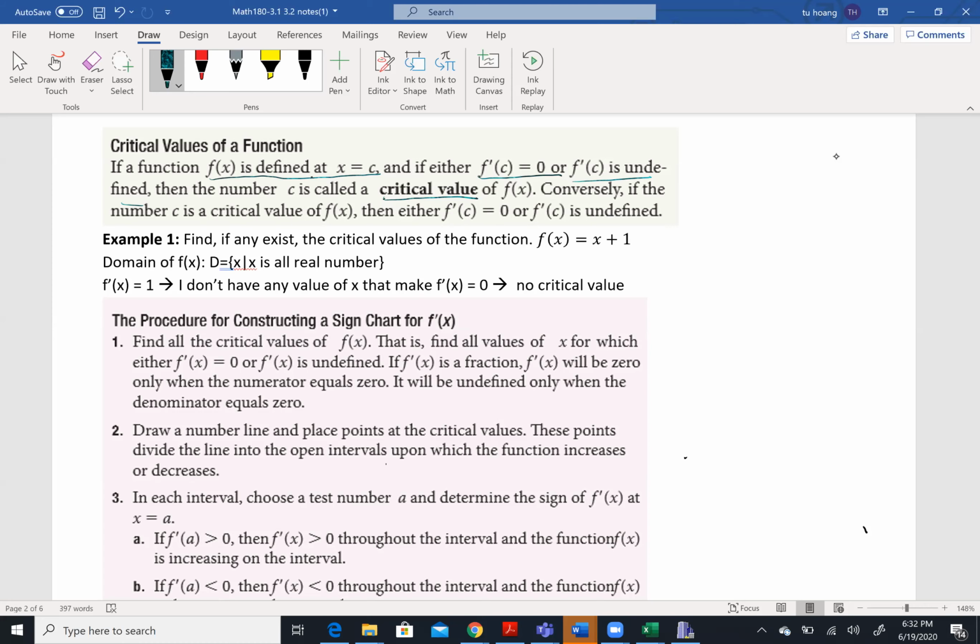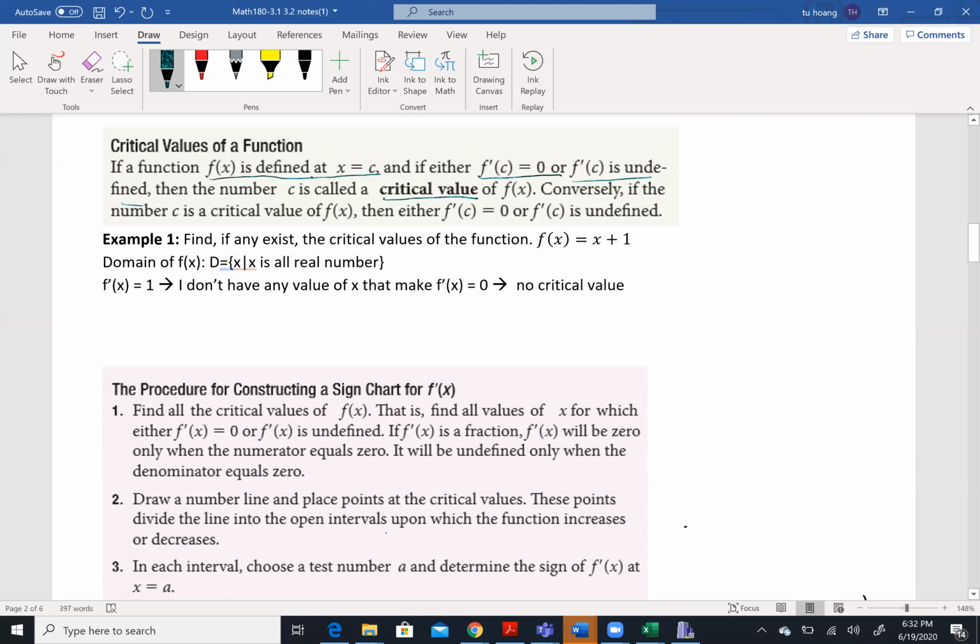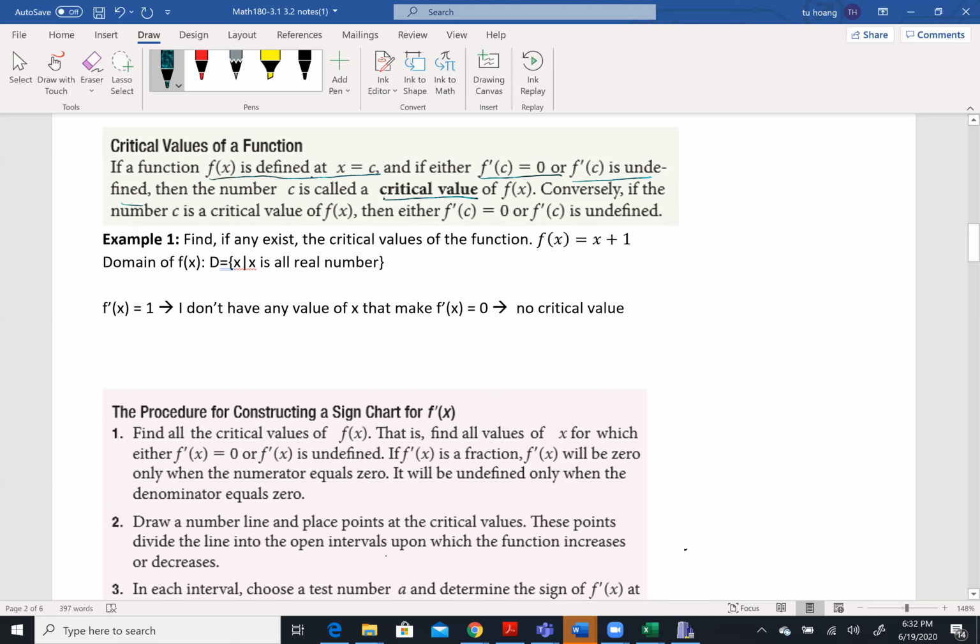I would love to do an example here. Example 1: find, if any exist, the critical values of the function f(x) equals x plus 1.